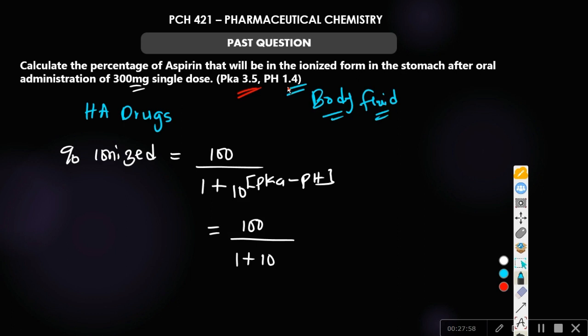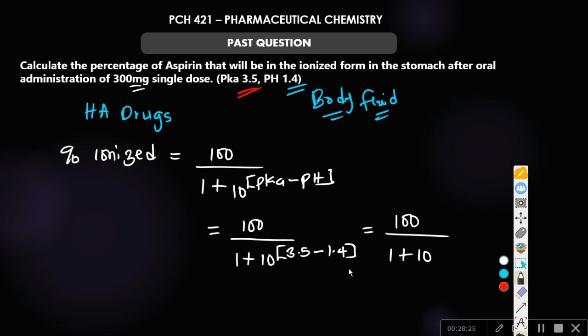So this becomes 10 raised to the power of... pKa in this case is 3.5. So we have 3.5 minus 1.4. This gives us 100 divided by 1 plus 10 raised to the power of 3.5 minus 1.4. That will give us 2.1.